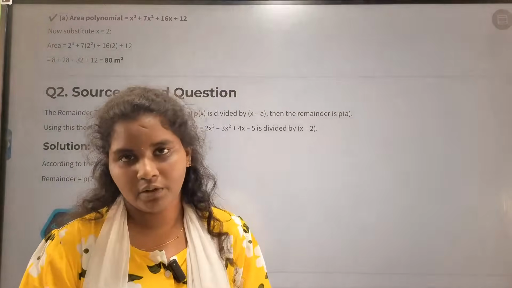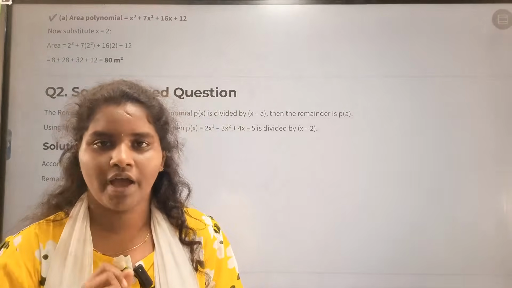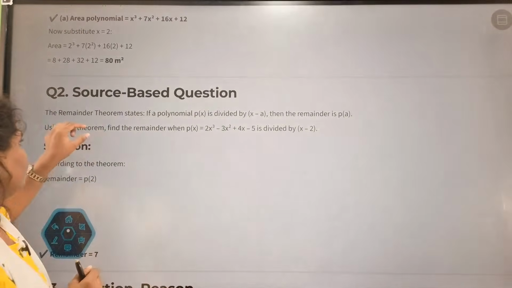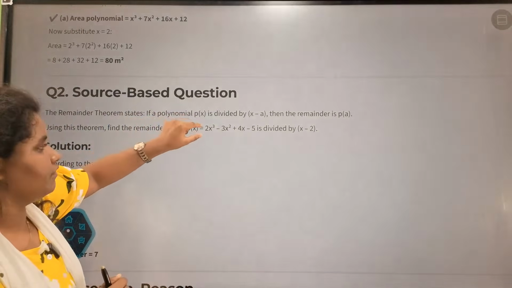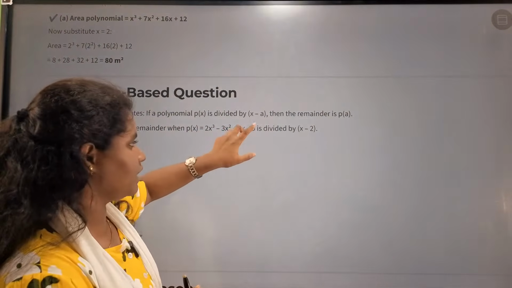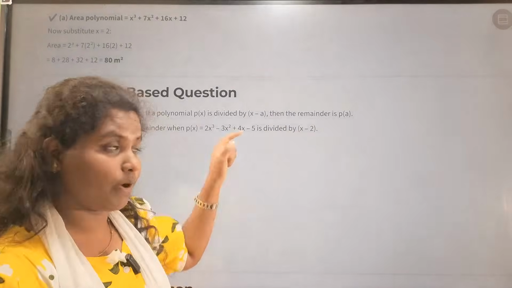So remainder theorem is just, we have a quadratic equation and we have a factor. So if we divide, we'll get the answer. So here we have p of x given as 2x cube minus 3x square plus 4x minus 5, and it's divided by x minus 2.